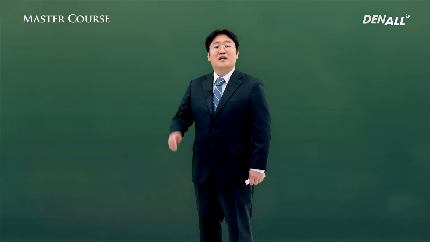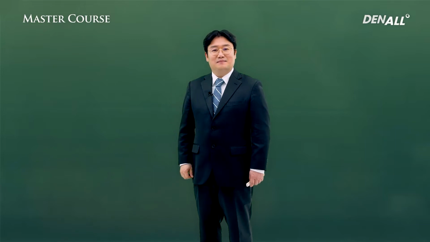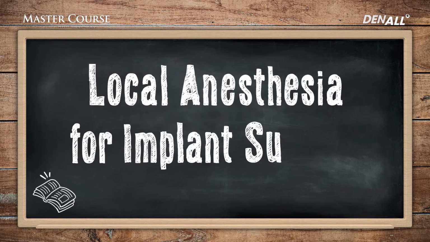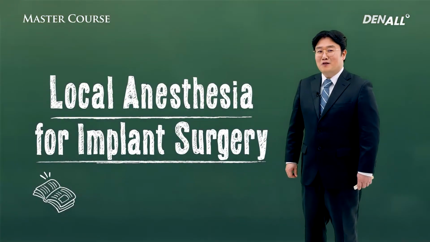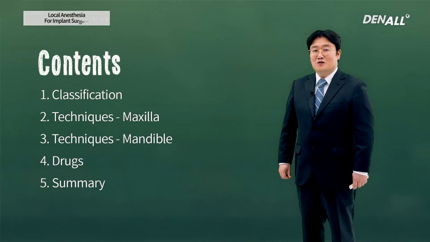So, to take the very first step for that end, let's have a look at the implant local anesthesia today. Let's have a look at the contents of what we are going to learn.